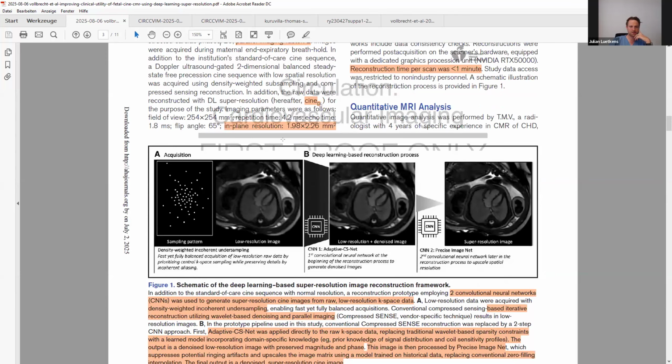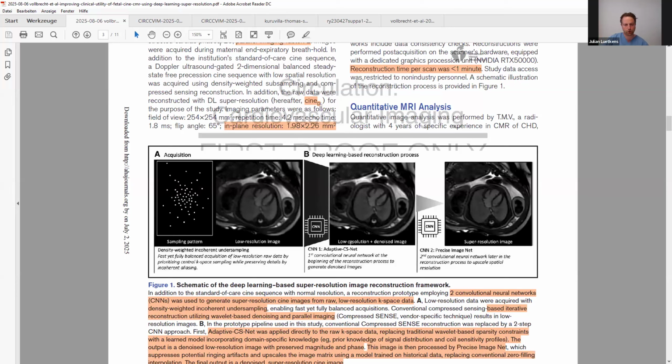And this is the reconstruction process. I think this is interesting. We have this density weighted incoherent undersampling using compressed sensing. So this is the k-space, and you would typically get a low resolution image out of this, but this image was not analyzed in the study because the raw data was put into the deep learning reconstruction pipeline.